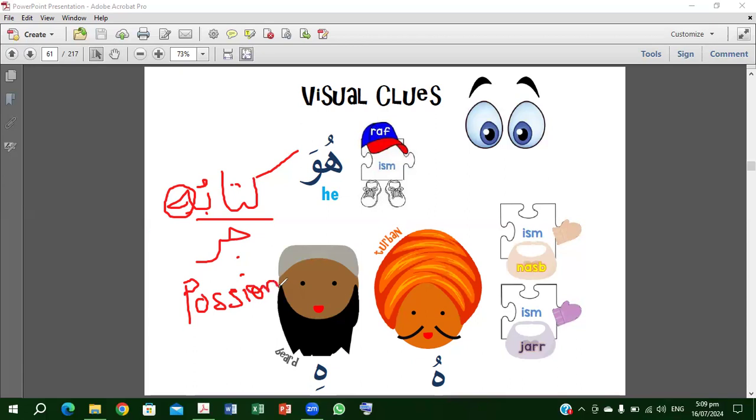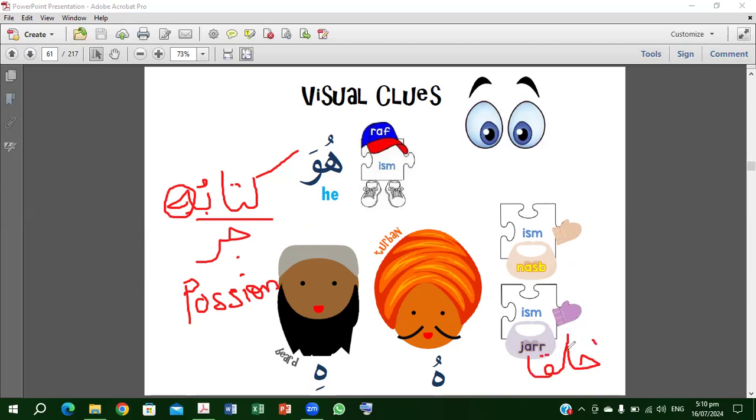It has a meaning, and it shows possession, that this is his book. Whereas, for example, khalaqa is a verb. Khalaqa means he created.